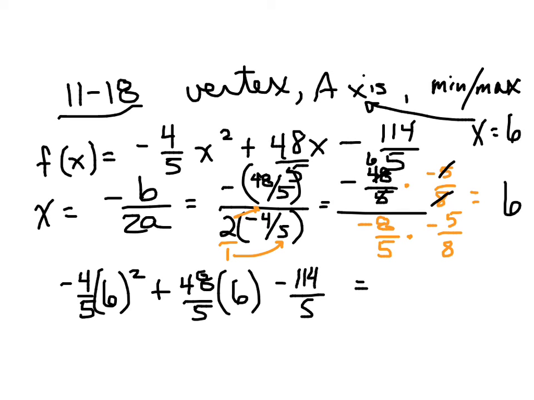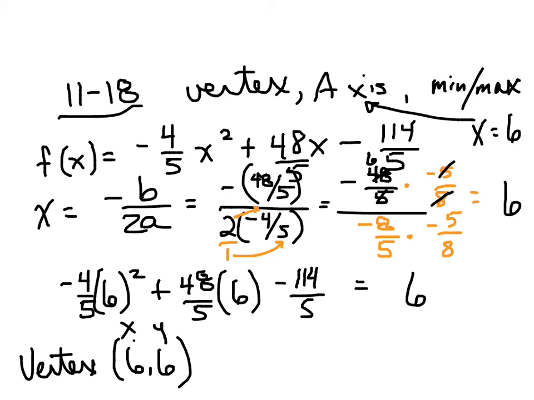So for me, I'm just going to quickly grab a calculator and type negative 4 divided by 5 times 6 squared, or if you know that 6 squared is 36, go ahead and do that, plus 48 divided by 5 times 6 minus 114 divided by 5, and I end up with an answer of 6. So then, to get the final thing all figured out, our vertex is (6, 6). That's our x-coordinate and our y-coordinate that we just found.